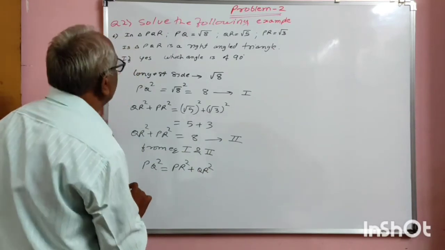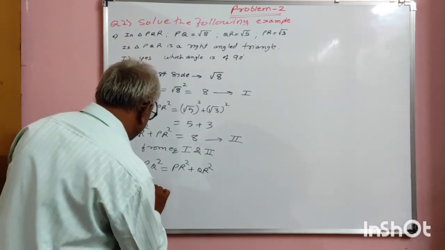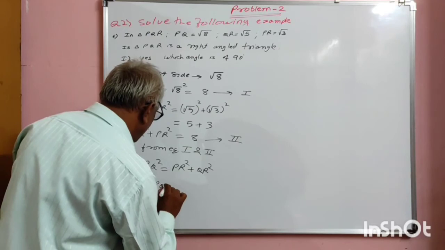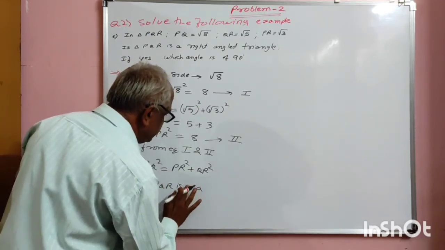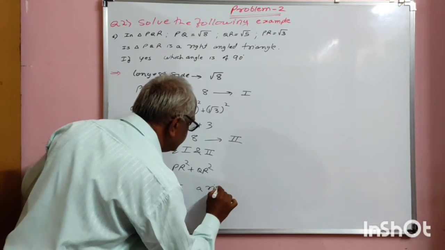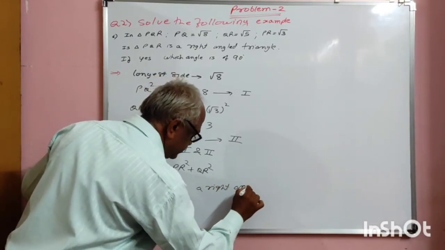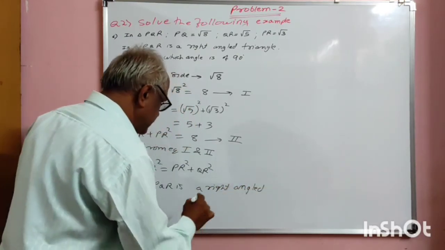Therefore, triangle PQR is a right angle triangle.